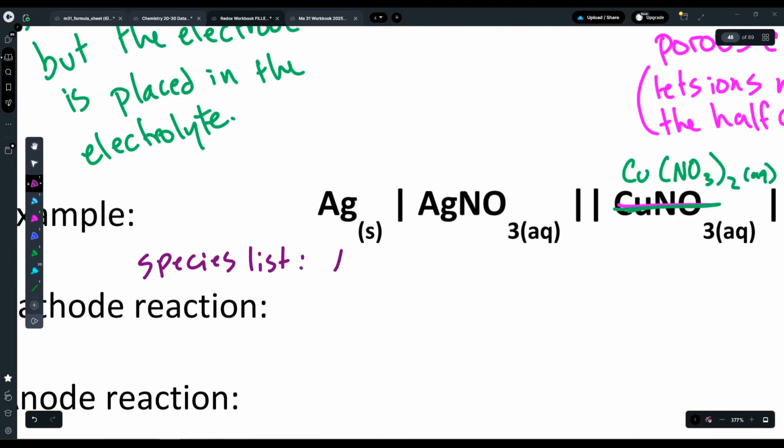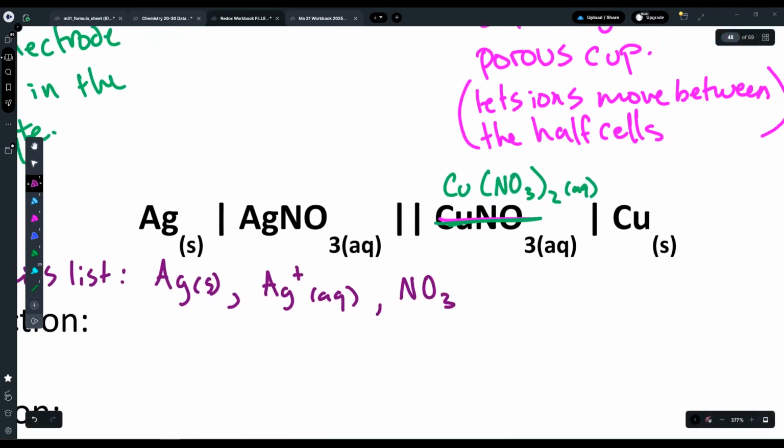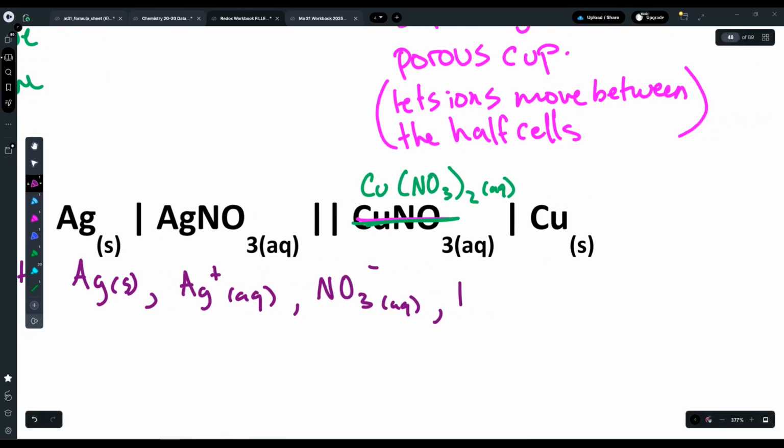So okay, we've got silver, and since silver nitrate, we know that's a solution, so it should dissociate. So that means we've got silver 1+ ions, nitrate ions. Since we've got solutions, that also means that we've got water present.